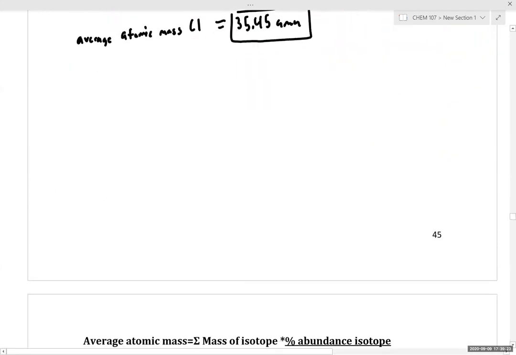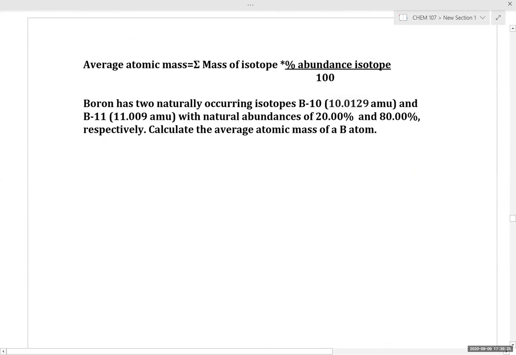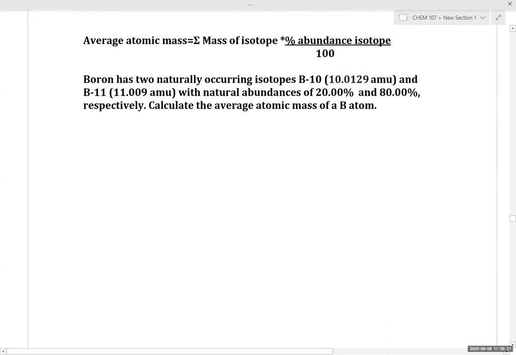Okay, so to make sure that everyone is comfortable with this, given the following data for boron, I'd like you to calculate the average atomic mass for boron.